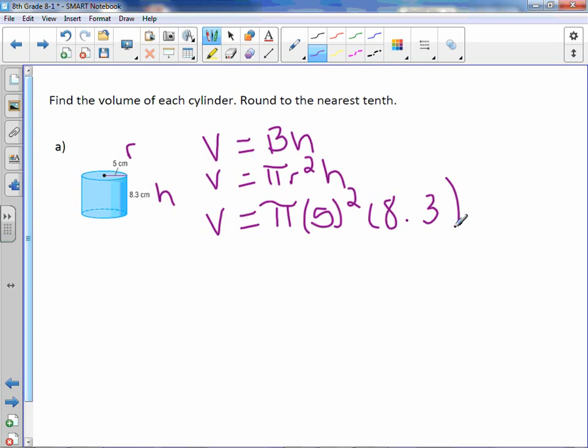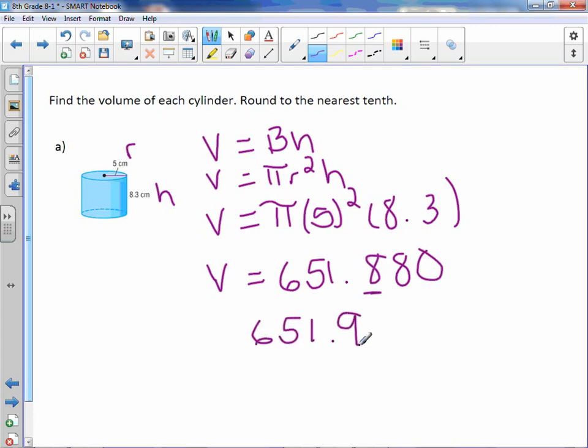Plug this into your calculator. You can use the pi button. Pi times 5 squared times 8.3, and we get a volume of 651.880, etc. To the nearest tenth, that would be 651.9 centimeters cubed.